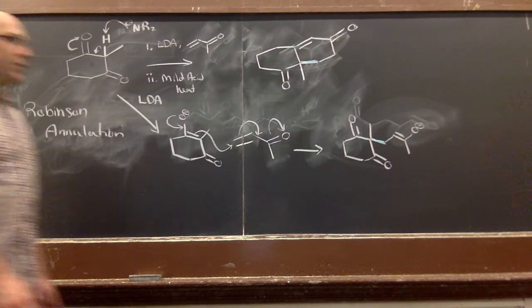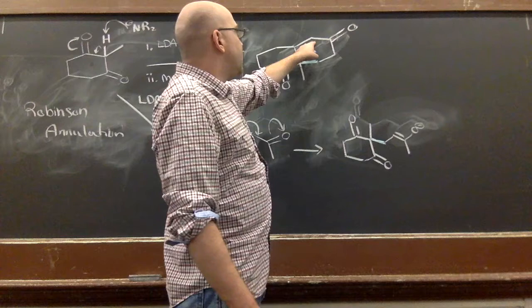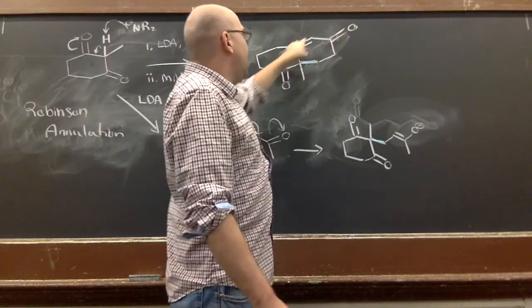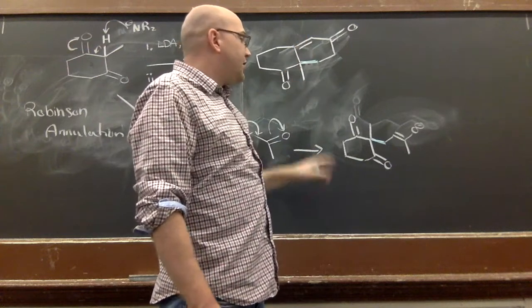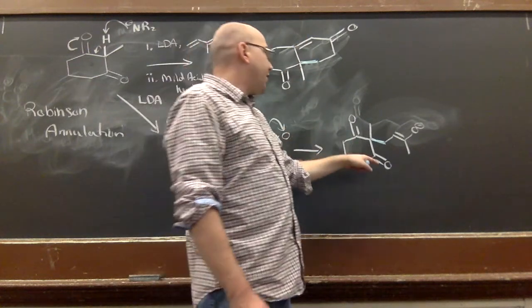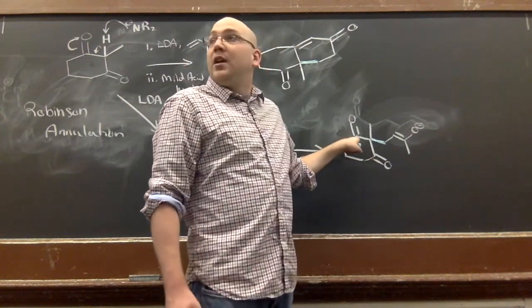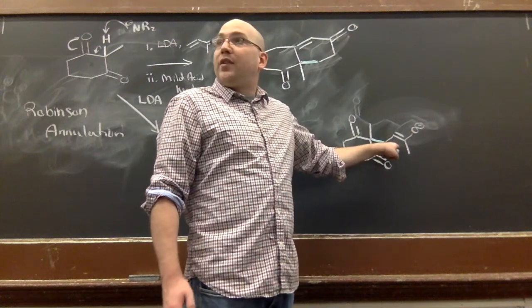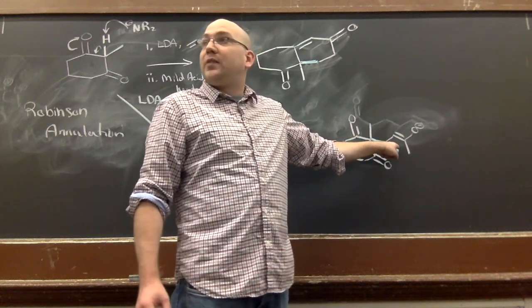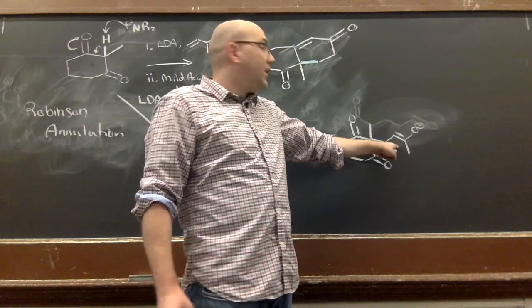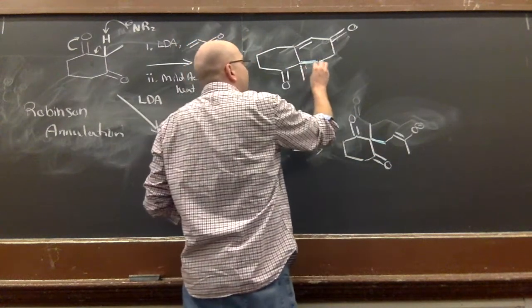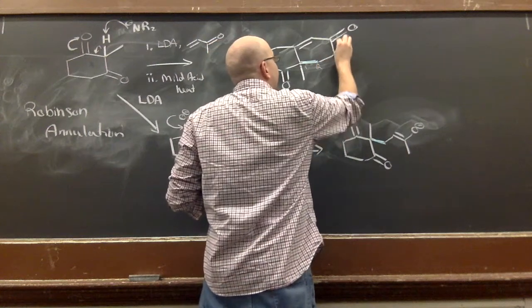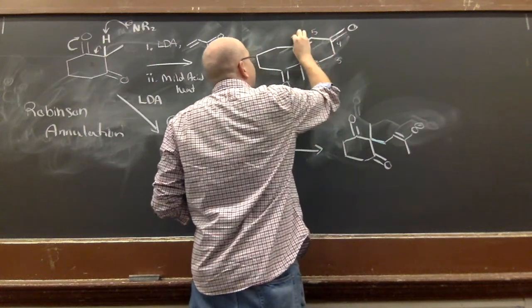Okay, so I think what's being said here is that we have an aldol condensation product. And what was suggested was that the enolate is now going to attack this carbon. Is this the enolate that we want, though? Let's look at this ring size. This ring system is a 6-membered ring: 1, 2, 3, 4, 5, 6.